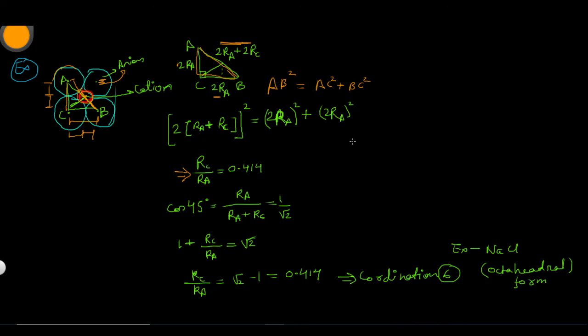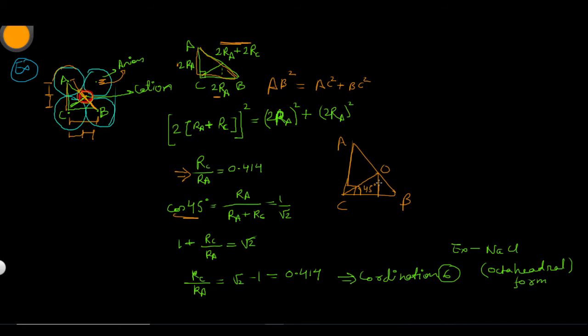Now in this triangle ABC, draw one perpendicular from here. Suppose this is O. So this angle will be half, that means 45 degrees. So apply cos 45 degrees.